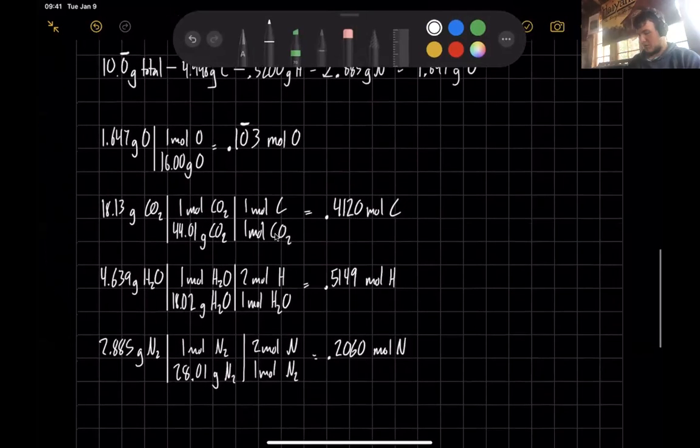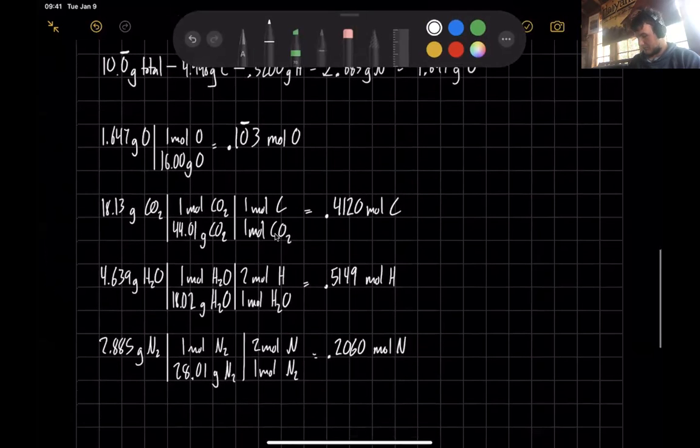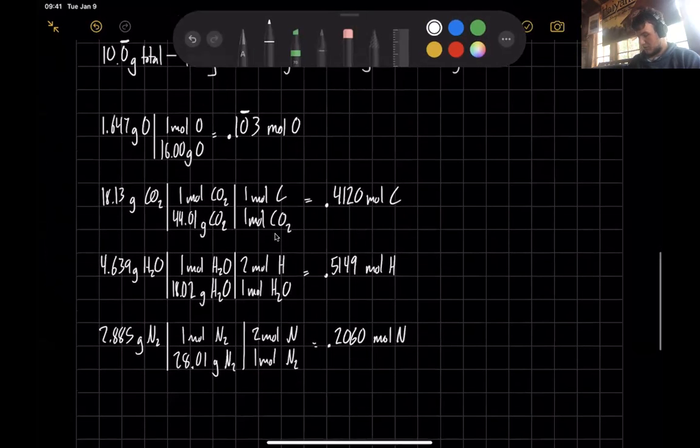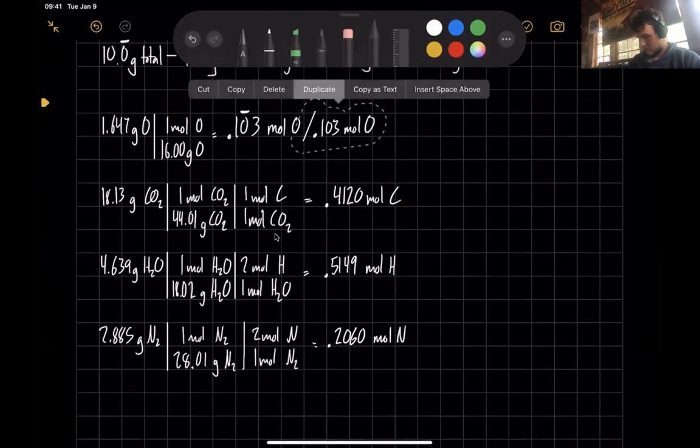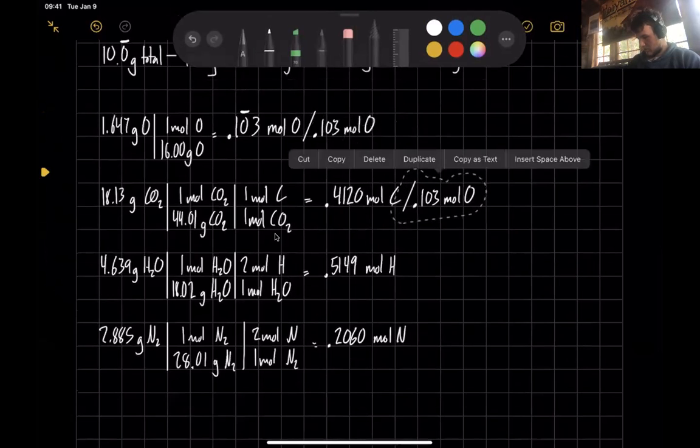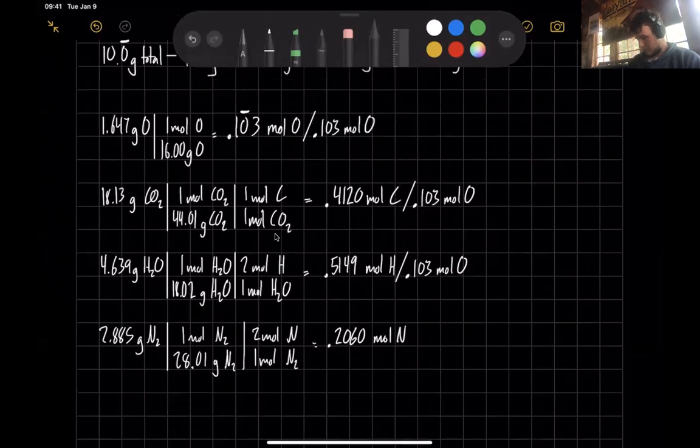And then we will divide them all by the lowest value of moles. So each of these will be divided by the 0.103 moles of oxygen to find a whole number ratio. So you'll bring that down for all of these.